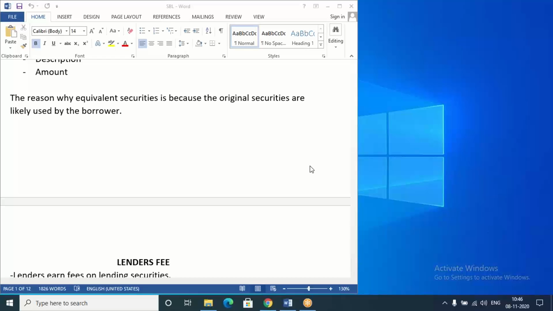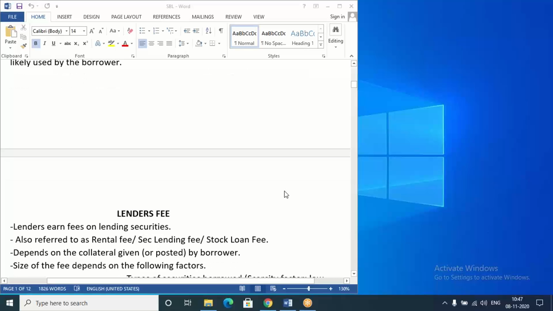So the lender gets something called the lender's fee, or in other words, it's also referred to as rental fee or sec lending fee, or it's also called stock loan fee. One of the main reasons why lenders would loan out securities is they would get a rental fee in return.